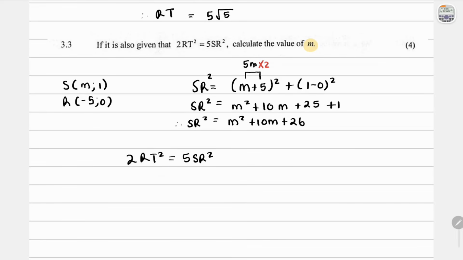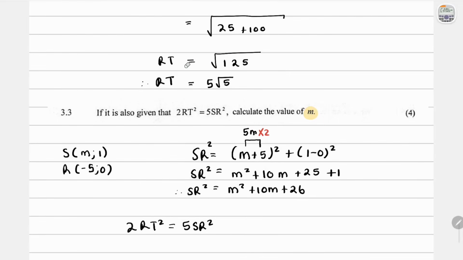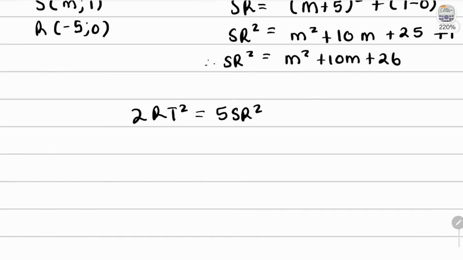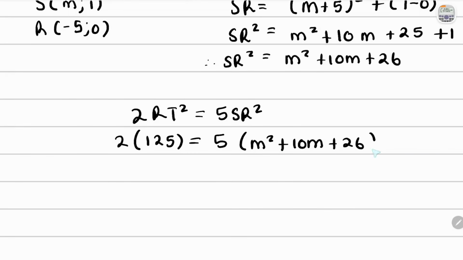Now we already know what RT squared is. RT squared, if you squared both hand sides here to get RT squared, you would just have 125. So it means that this is 2 times 125 is equal to 5 times all of that, which is m squared plus 10m plus 26.